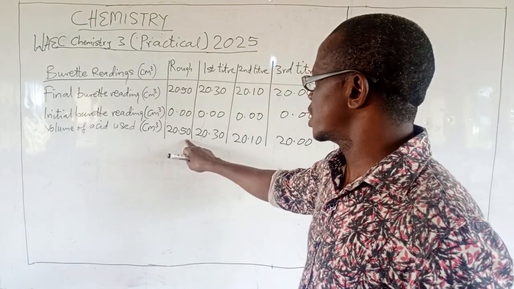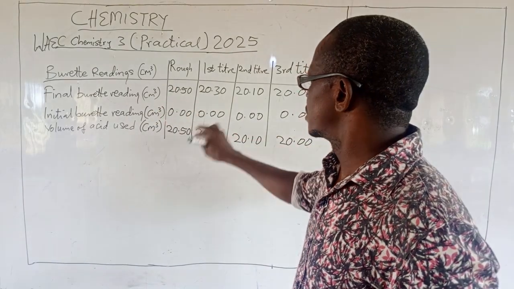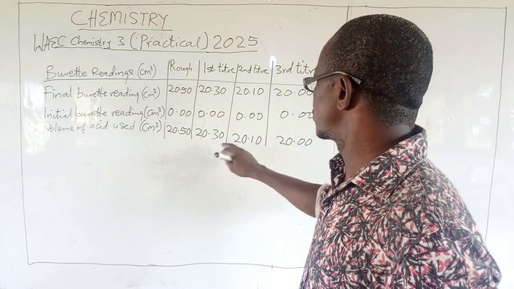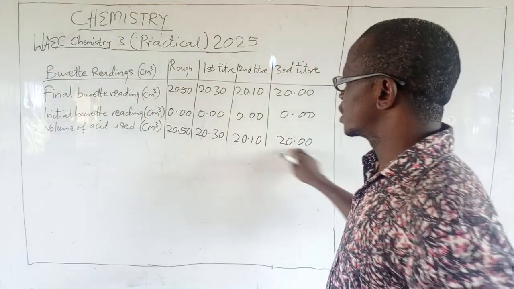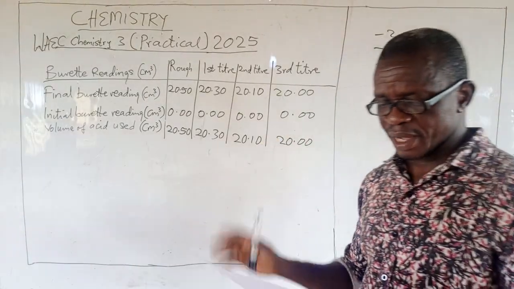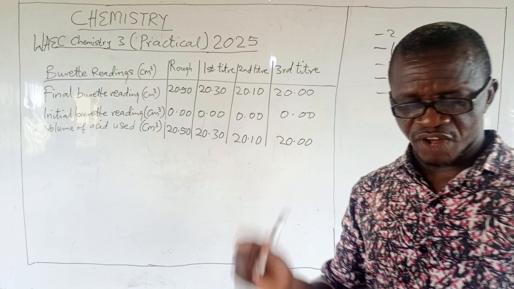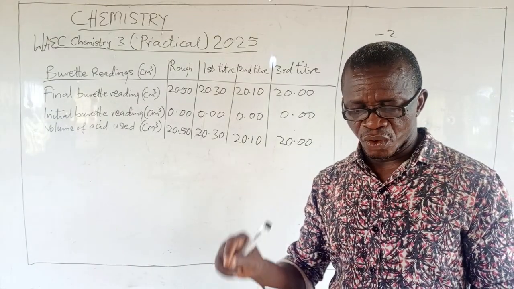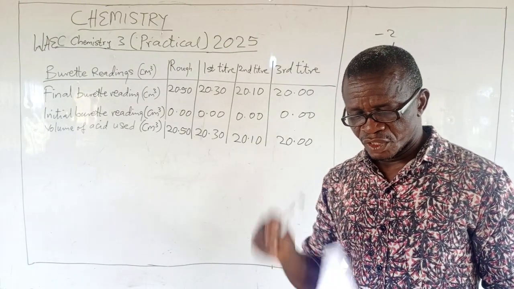You just put it down here. You forget about this and this. The same thing here. Forget about this and this. And then you put this volume of acid used. That's what we are talking about now. I said putting down titre values without showing how they are arrived at.